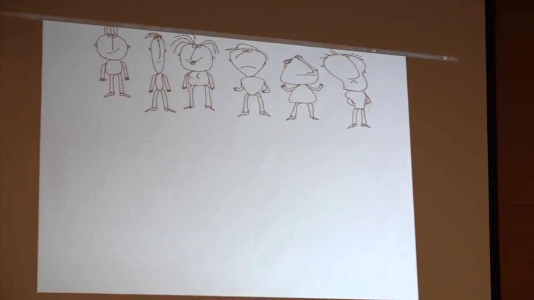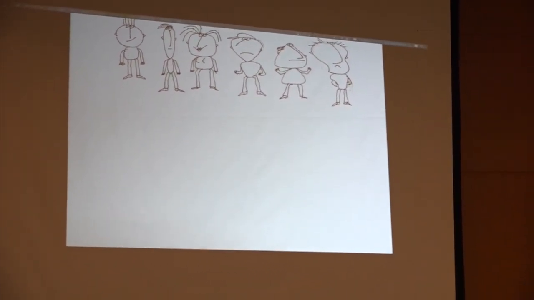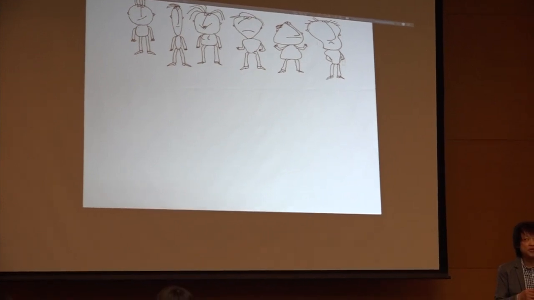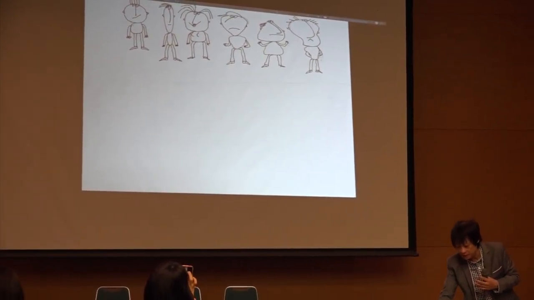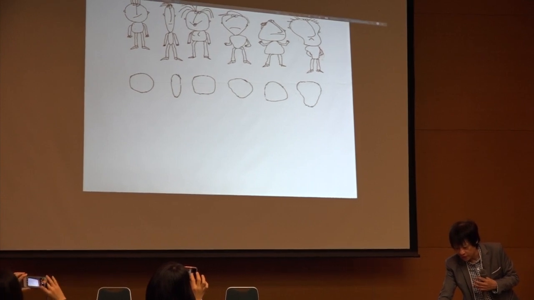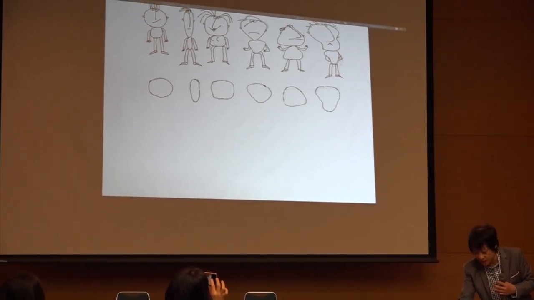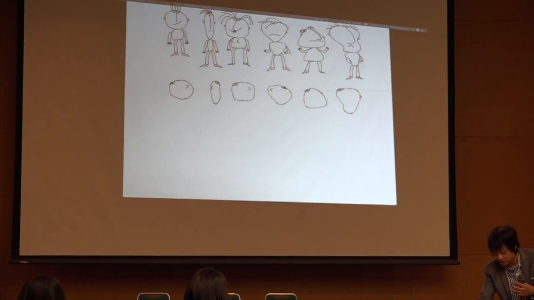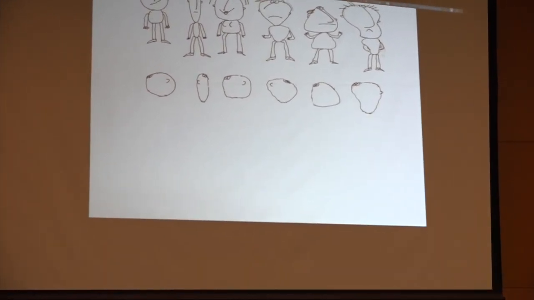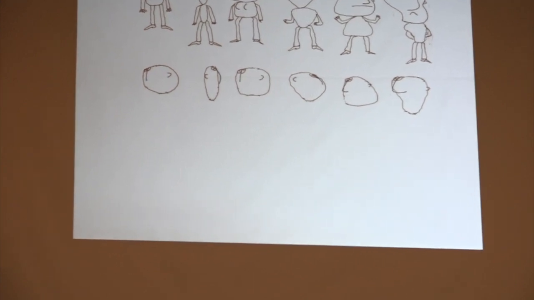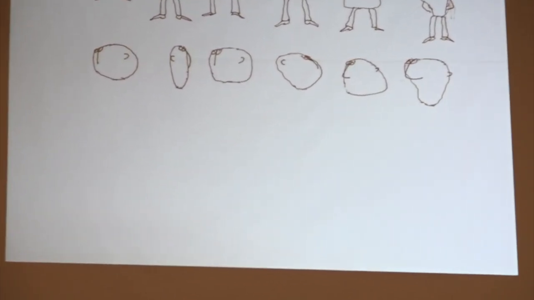And then the next thing I want them to do is give their characters a bit more soul, more action, more facial expression, so I encourage them to allow the character to look a bit sideways. So I repeat the process, but this time the eyes move to one side. So it looks like the characters are now trying to have a conversation.